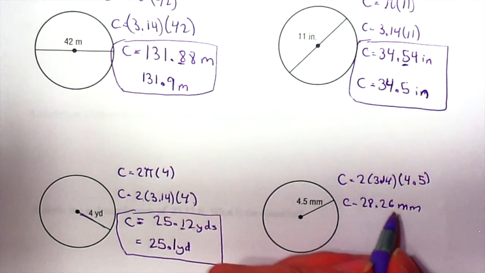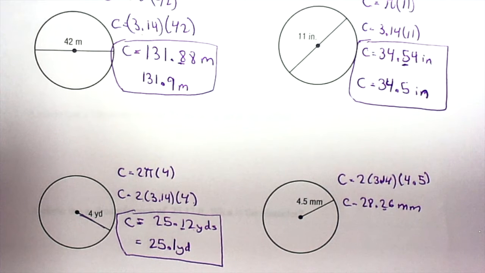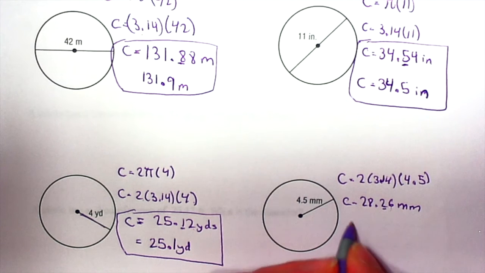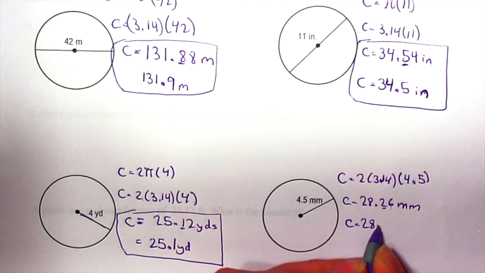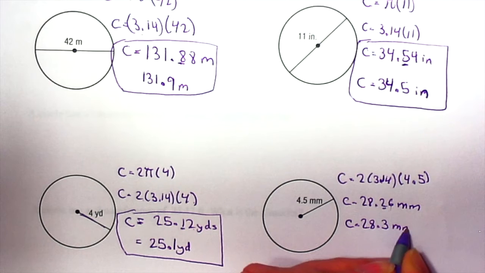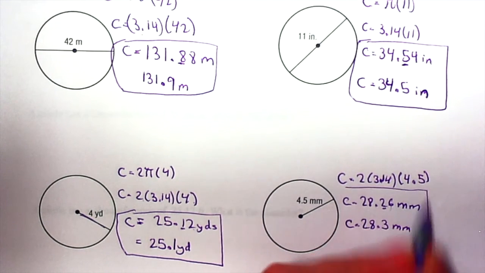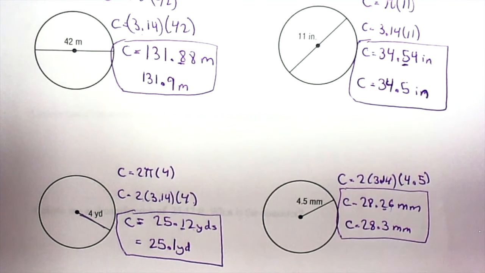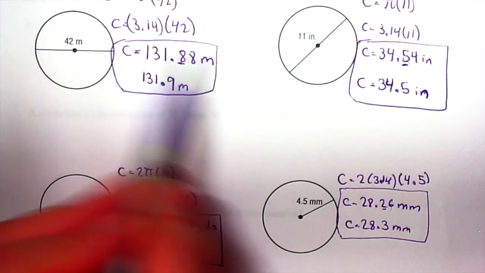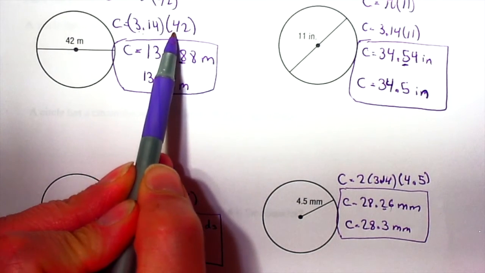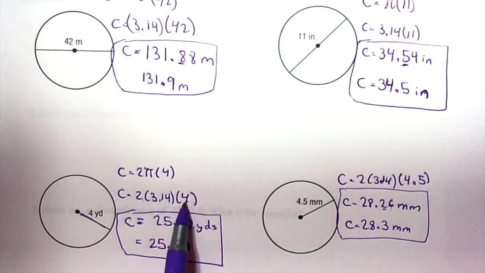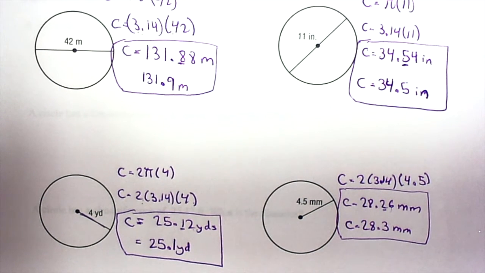Well, again, for the nearest tenth, since that's a 6 behind it, I need to round up. That's going to become 28.3 millimeters. And that's the basic problems in terms of finding that circumference. If I get the diameter, I just plug the number straight in and just multiply pi times the diameter. If I get the radius, I plug in the radius, but then I need to take that and multiply it by 2, really turning that into the diameter.